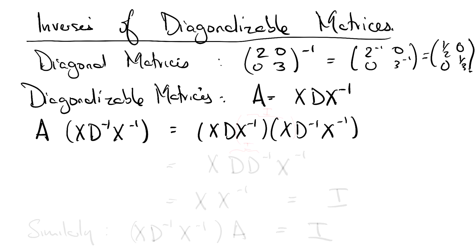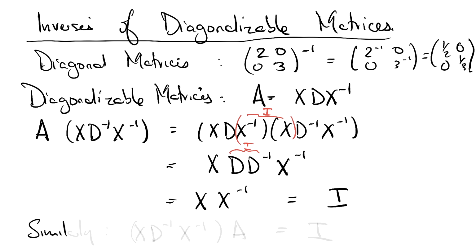Matrix multiplication is associative, so here we've got I, and what we get is X D D inverse X inverse. D D inverse is again I. We get X X inverse, which is I.